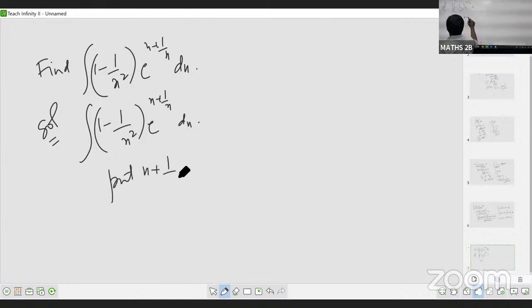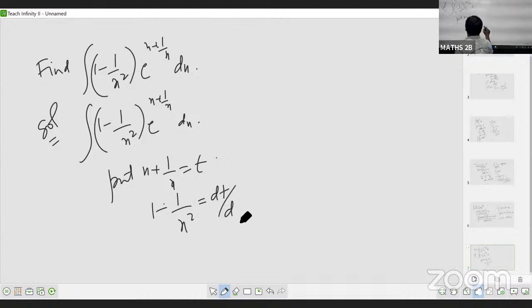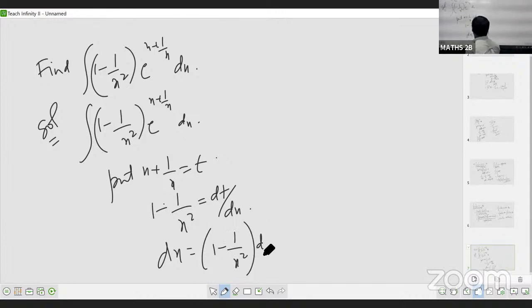Now put x plus 1 by x equal to t. Derivative of x is 1, 1 by x derivative is minus 1 by x square, dt by dx. And dx equal to dt by 1 minus 1 by x square.